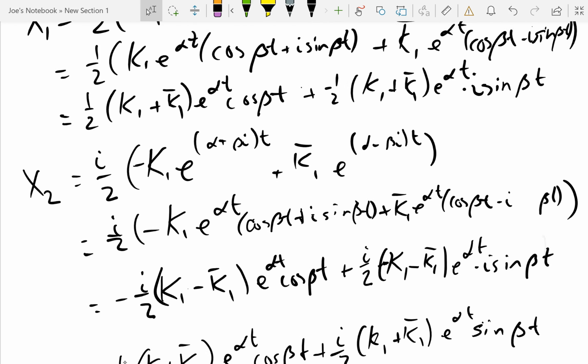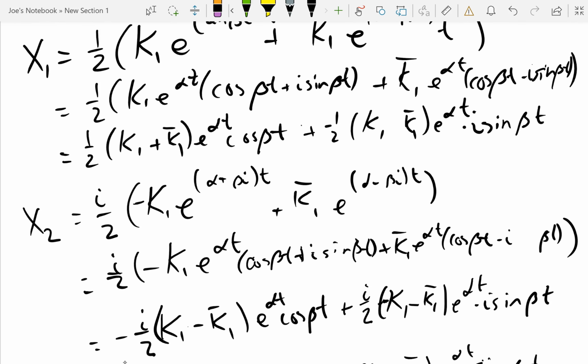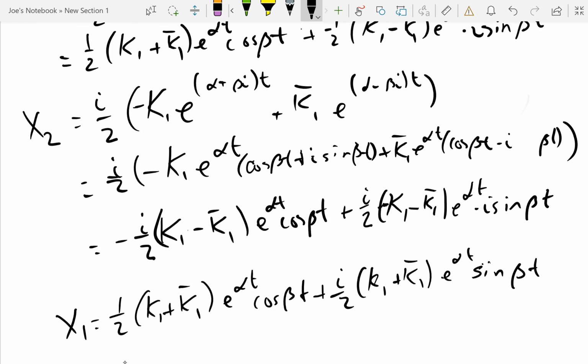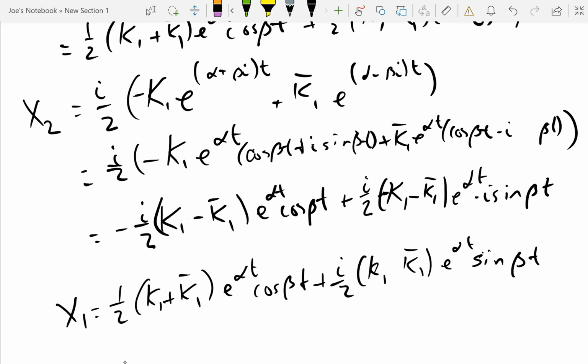And I believe I missed a sign. This should actually be a minus sign here. My apologies. That should be a minus up here because of this minus right here, which means that this should be a minus here.